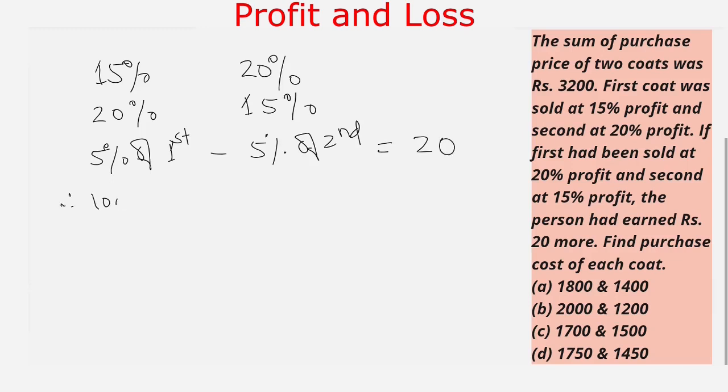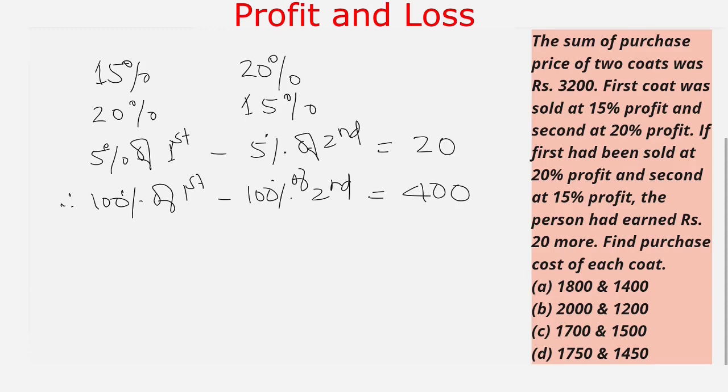We multiply 20 to 5% of first minus 5% of second equal to 20. Then we get 100% of first minus 100% of second equal to 400.